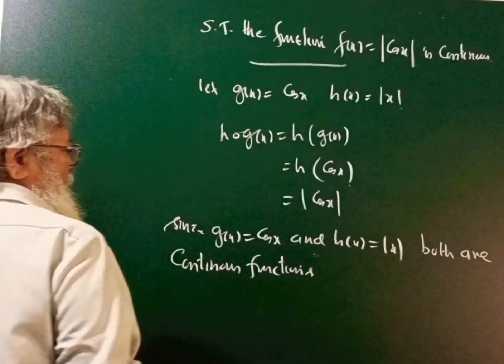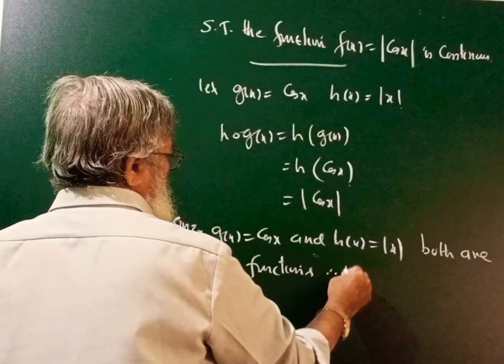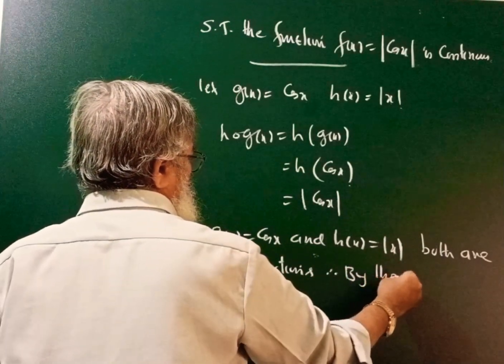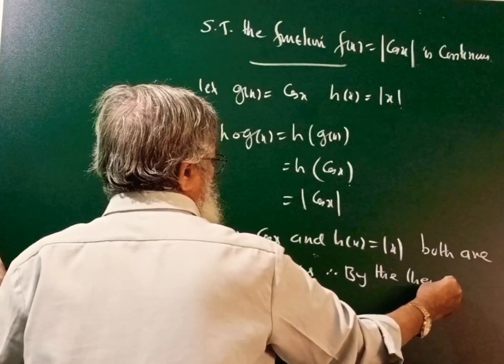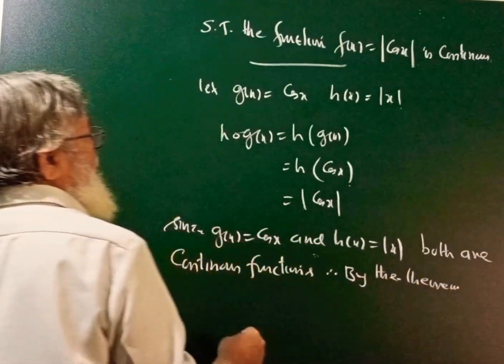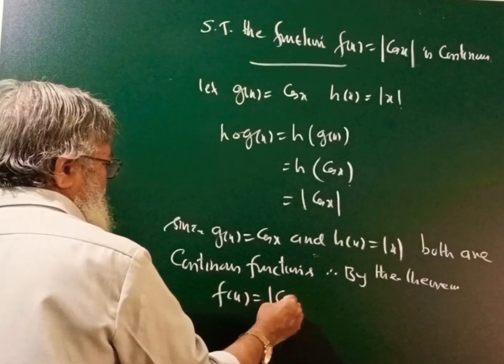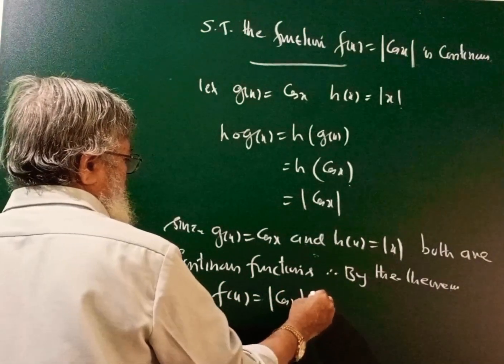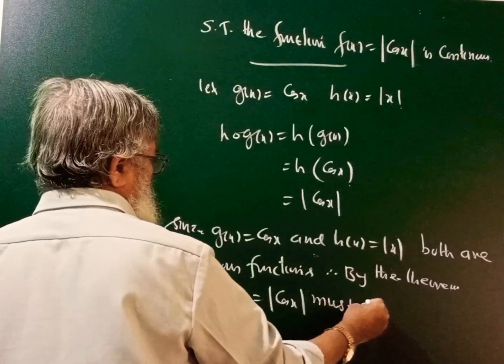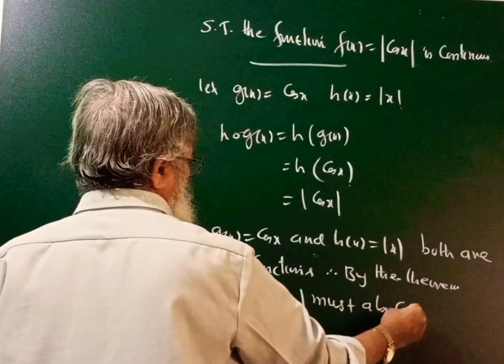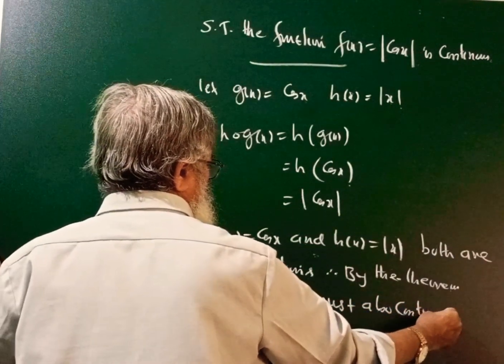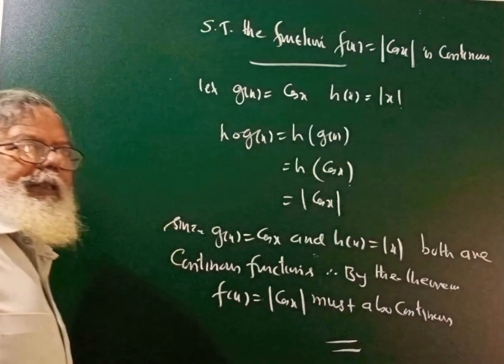Therefore, by the theorem, f(x) is equal to mod of cos x must also be continuous. Proved.